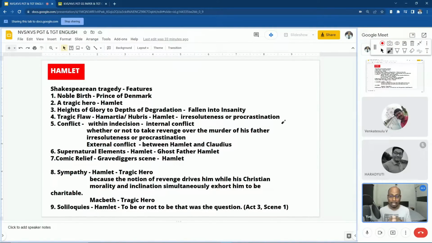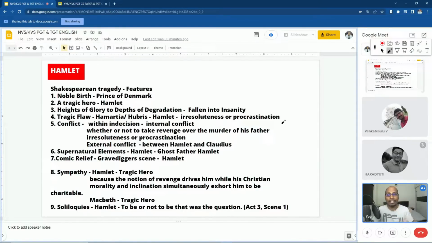He believed, as told in Christian morality, that whoever is praying, if death happens to the person when he is in prayers, he will go to heaven. Now Hamlet wants to kill Claudius to take revenge, and he doesn't want to send him to heaven after killing him.